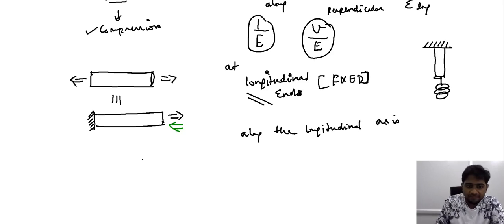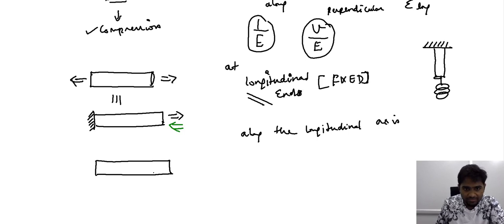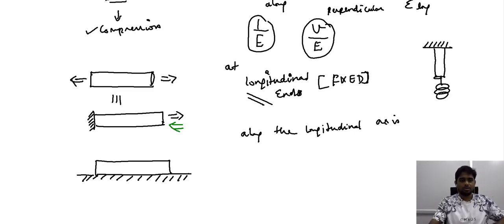So what we mean by fixing along the longitudinal axis is, so this is the sample that we have. Now we want to fix the sample along the longitudinal axis, so we are fixing it this way. So instead of fixing it at one of the longitudinal ends, we are fixing it along the longitudinal axis.